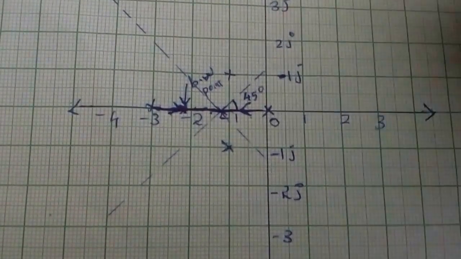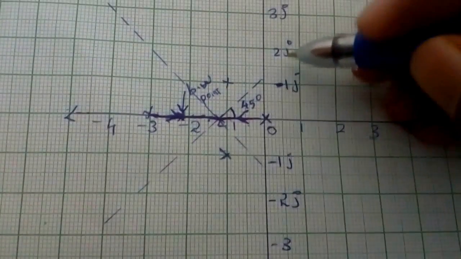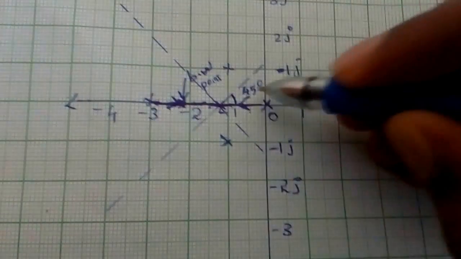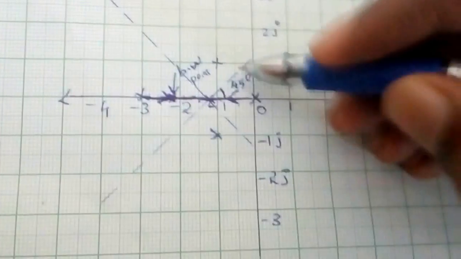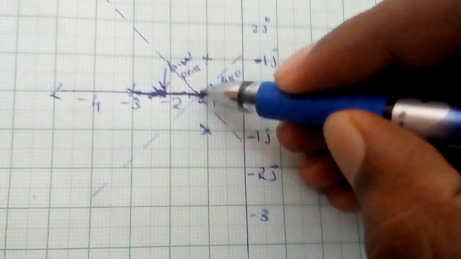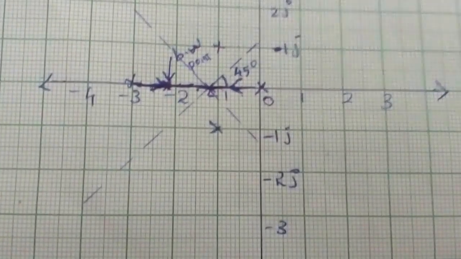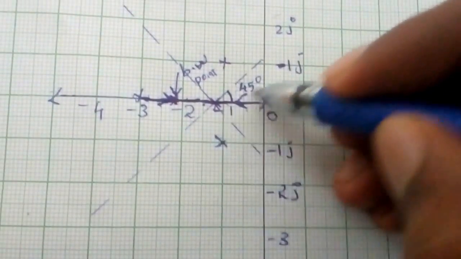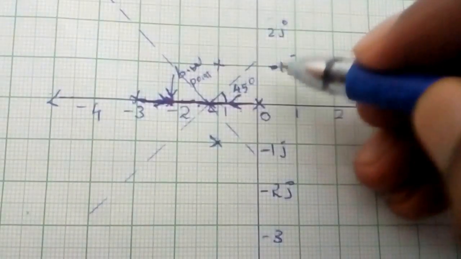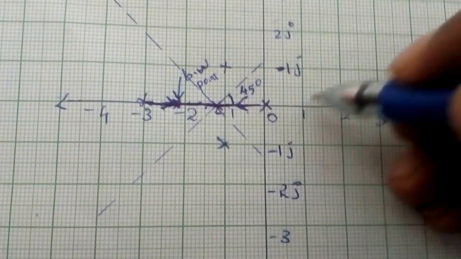So you have already drawn these asymptotes here. First of all, we need to take that 45 degrees for k equal to 0 from the centroid that we have already done before. So take the 45 degrees. Make sure that you are taking the angle from the positive side, from the right side.